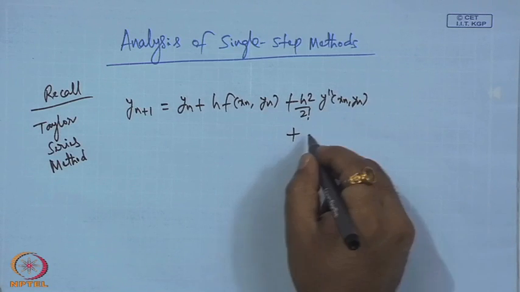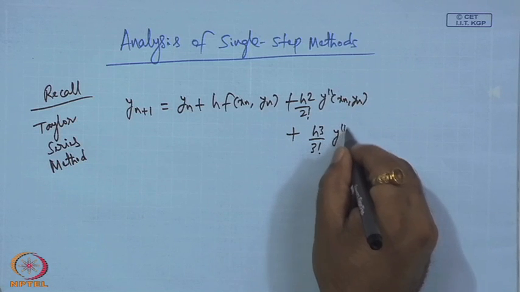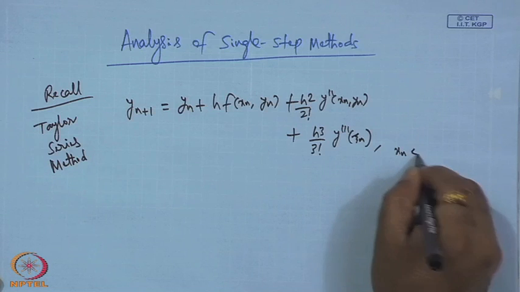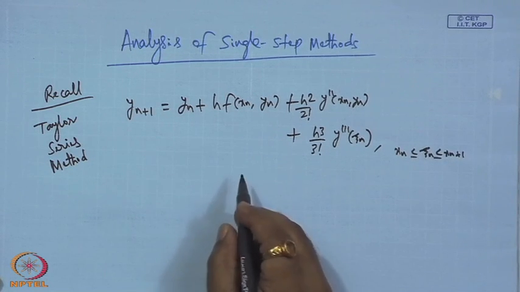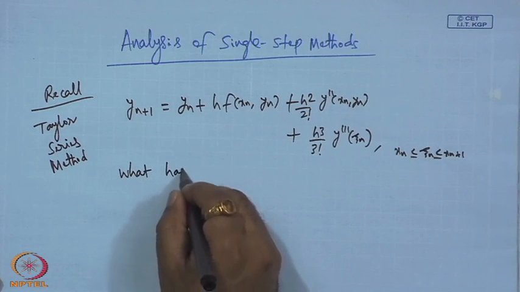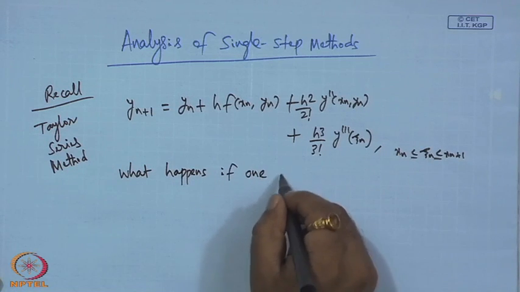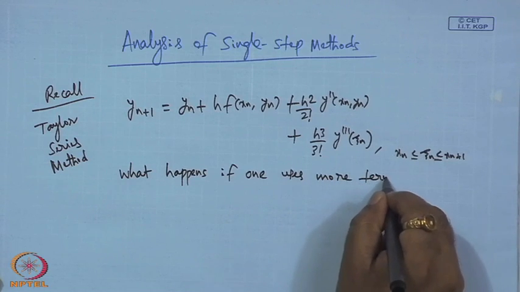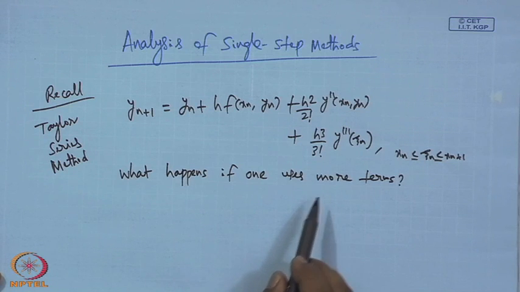So, for example, if we stop at third, then we write zeta n, where zeta n is in this interval. Okay. So now the question is, what happens if one uses more terms?